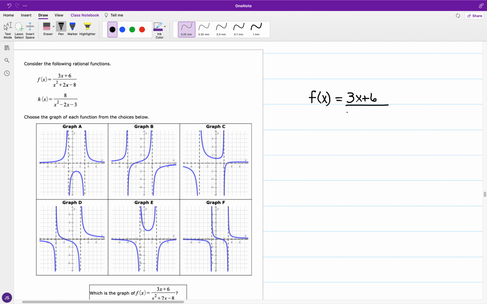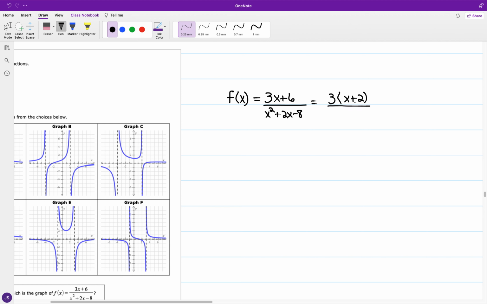So 3 times the quantity x plus 2, and for x squared plus 2x minus 8, we have x plus 4 and x minus 2.